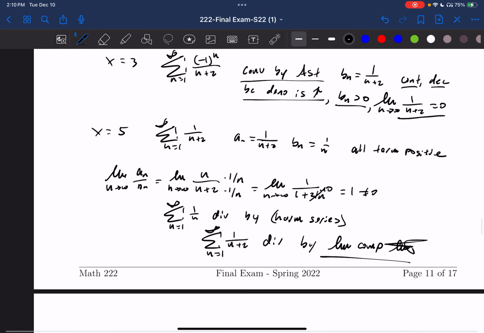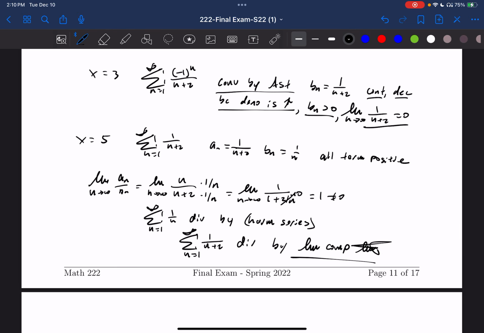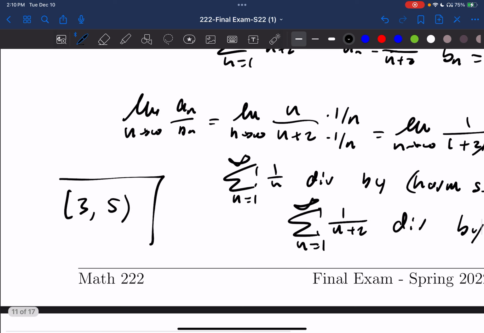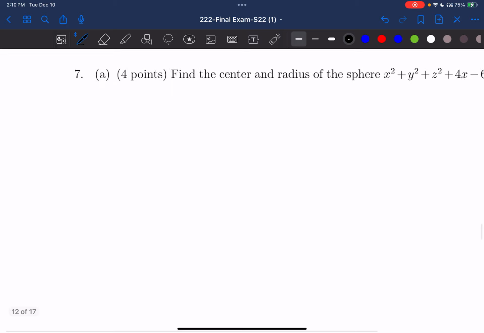So we can conclude that when x is equal to 3, the series will converge. So we write square brackets 3. And when x is equal to 5, the other endpoint, this will diverge. And this is our interval of convergence right here.